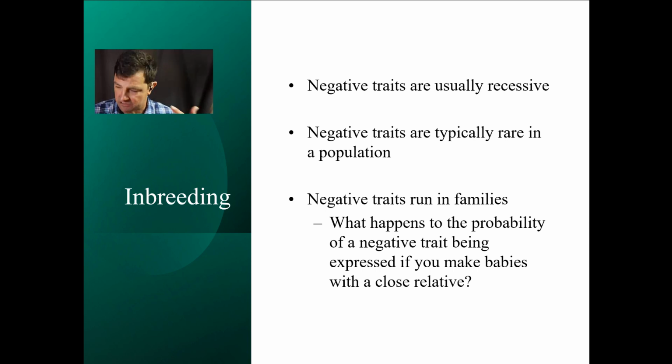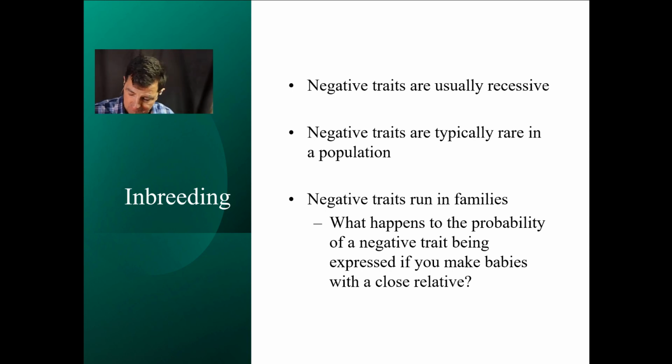Now, that being said, the reason I say that carefully is that if you just look at recessive and dominant traits, whether something is dominant or recessive doesn't really have anything to do with how common it is in a population. Dominant and recessive has to do with whether it expresses itself when you have just one copy or two.